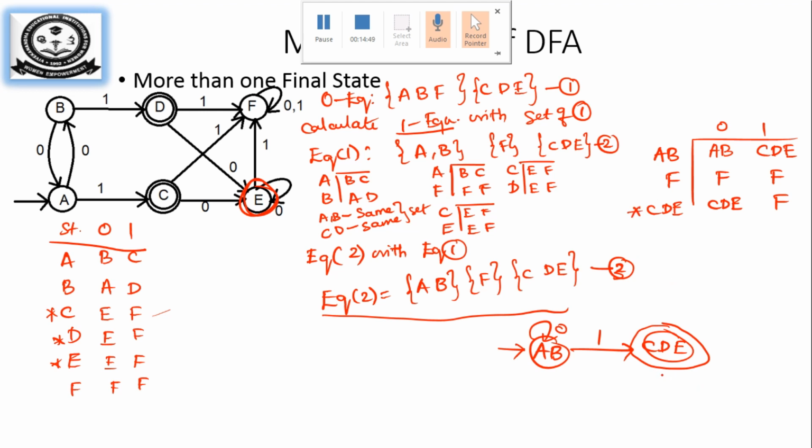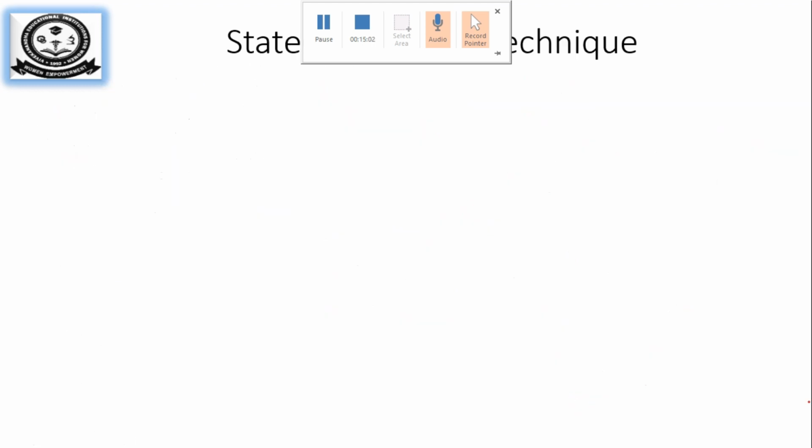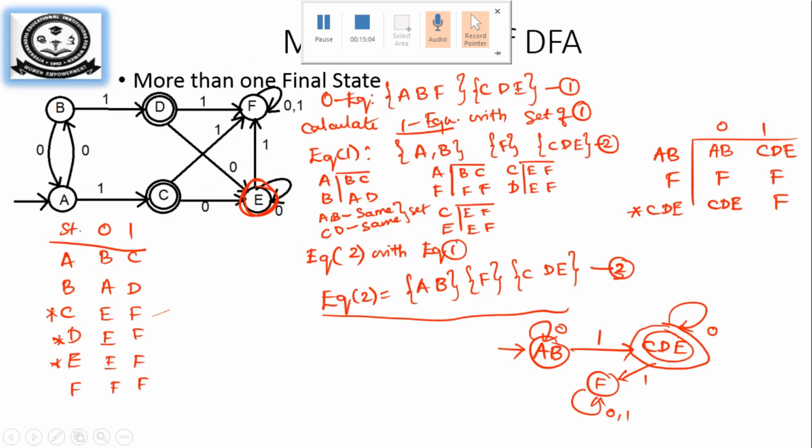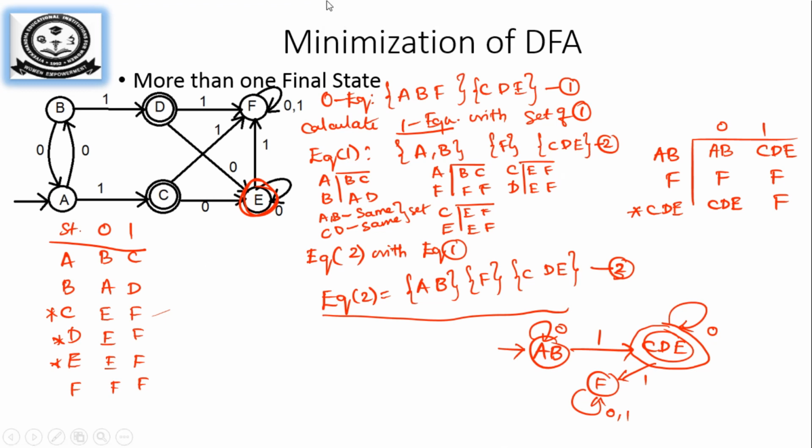Now from the final state, for 0 it goes to self transition, and for 1 it goes to F state, and for F you have a self transition for 0 or 1. So this is your final diagram.